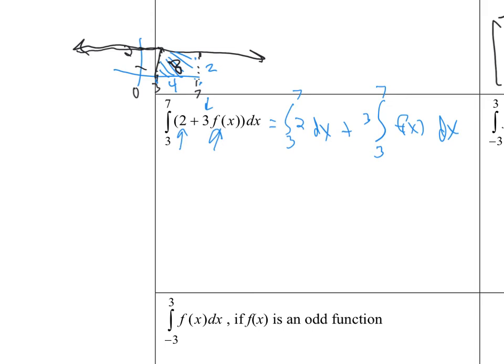But when you work it out, it looks like this. You have the 2, and it's really an x to the 0 power, so it becomes x to the 1 power divided by 1 from 3 to 7, plus the antiderivative of f times a 3 from 3 to 7.